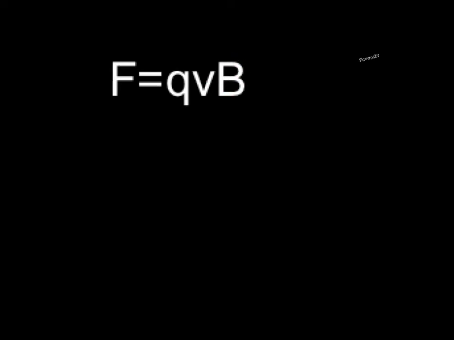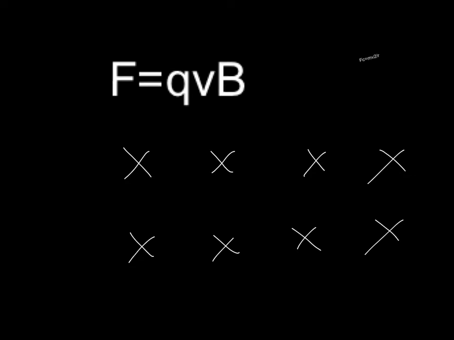So what if we send a particle through a magnetic field that is going into the board? Let's say we'll make it easy, and we'll send this little positively charged particle into that magnetic field.